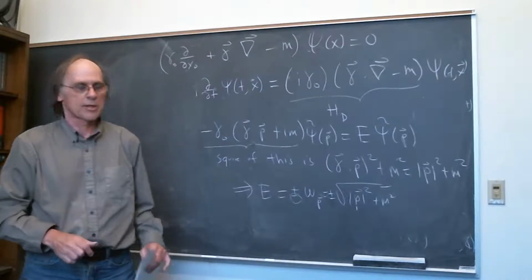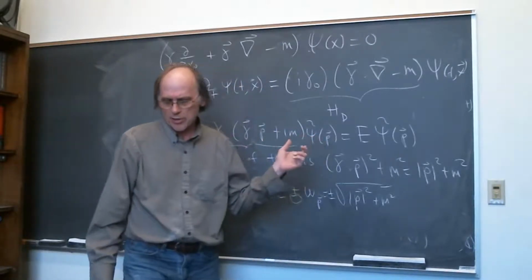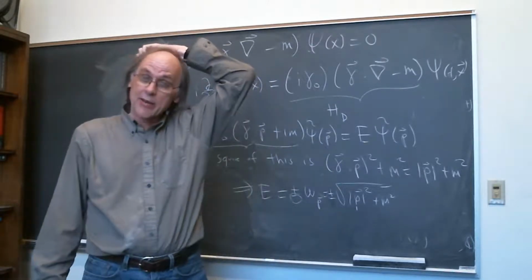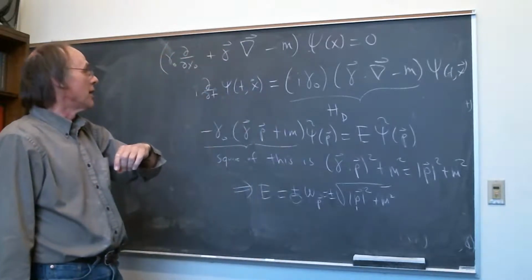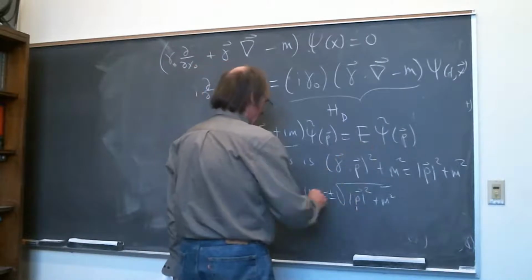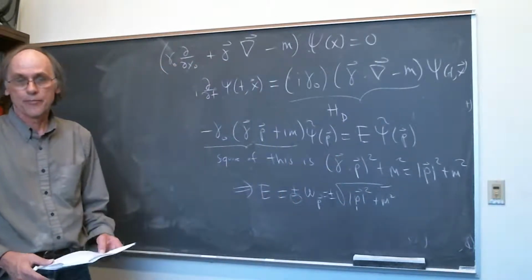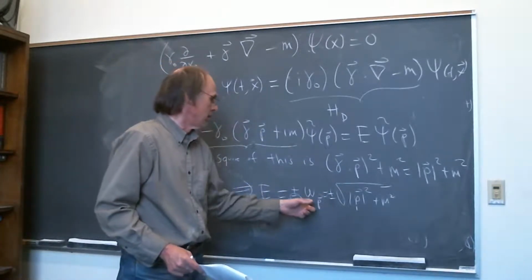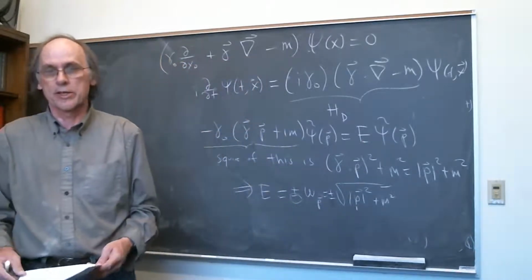Supposedly the original motivation for Dirac was that he was bothered that the Klein-Gordon equation had these negative energy solutions, and he thought that if he did this he would get rid of them. But you still have negative energy solutions here. It's a first order equation, but it has perfectly decent negative energy solutions.